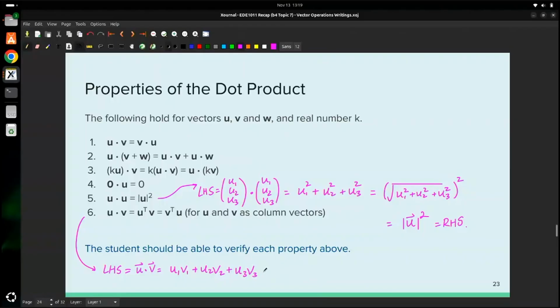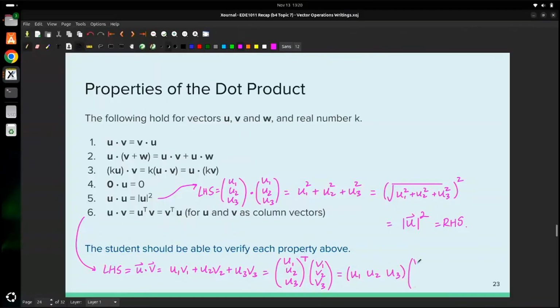Then you can see that this is actually also equivalent to (u1, u2, u3) transpose times v, (v1, v2, v3). So the transpose of a matrix is just: write a column vector as a row vector instead. So column becomes row, that's the transpose. Or row becomes column, that's also the transpose.